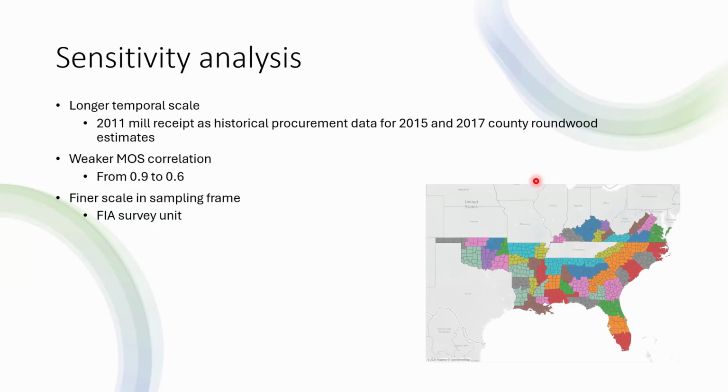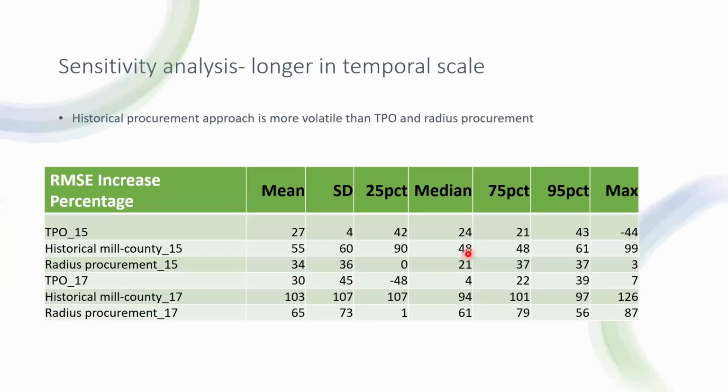Then we also used a finer scale in the sampling frame: instead of using the state, we used the FIA unit. Okay, and then the results.